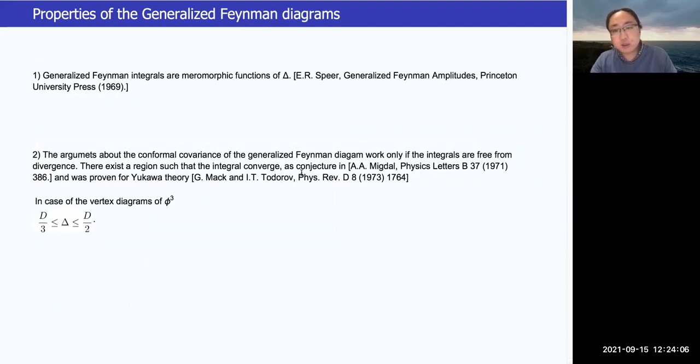But in the paper by Migdal, he conjectures that there exists a region where such integrals converge. It was conjectured there, and it was proven by Mack and Todorov for the Yukawa series. But for our case, for the phi cube case, in fact, this region is the region where the integral actually converges without any infinity.